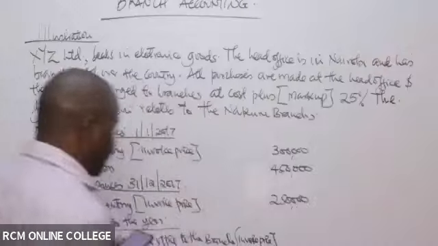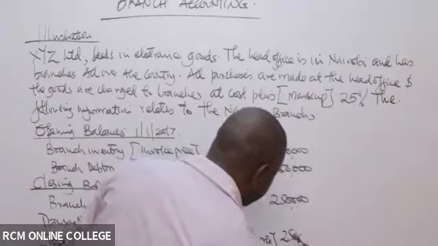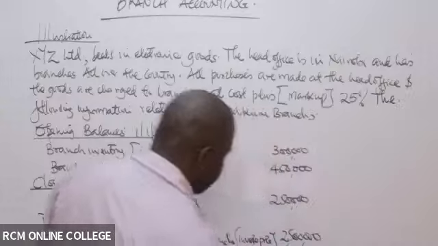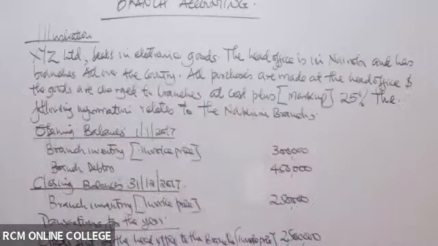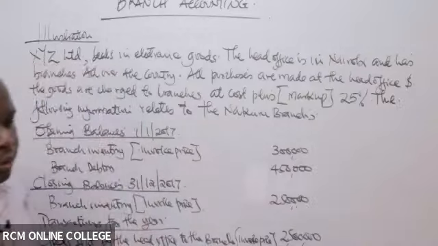The amount is 2.5 million. So the goods sent by the head office to the branch at invoice price are 2.5 million.